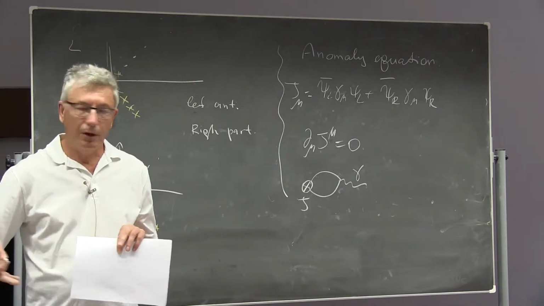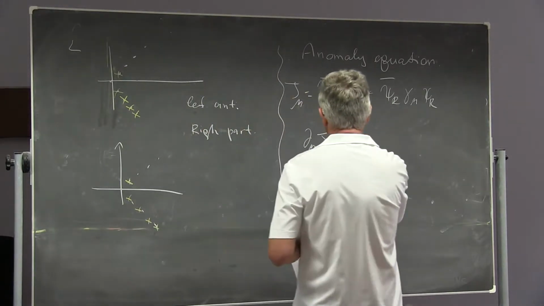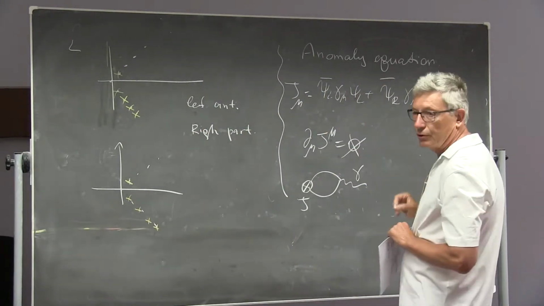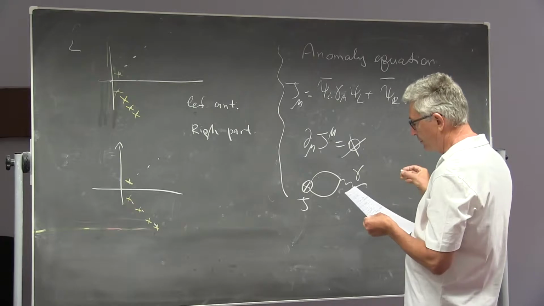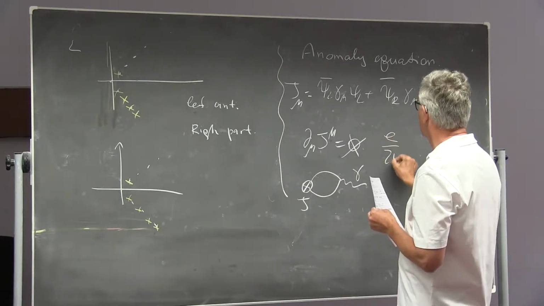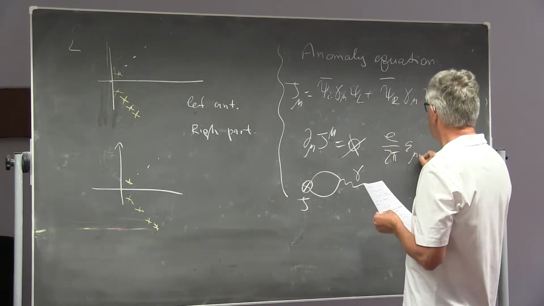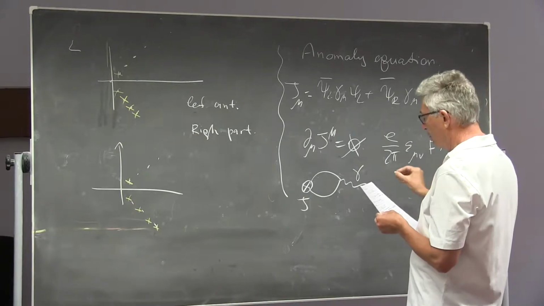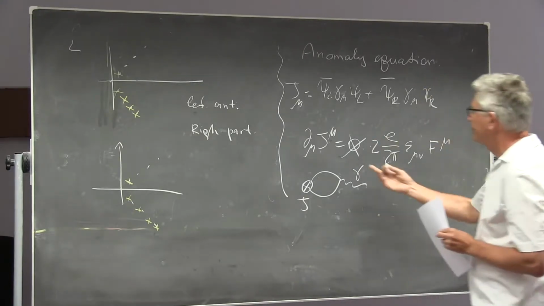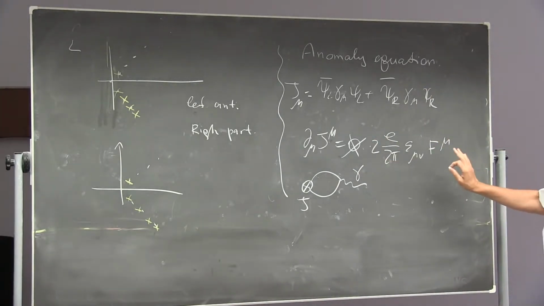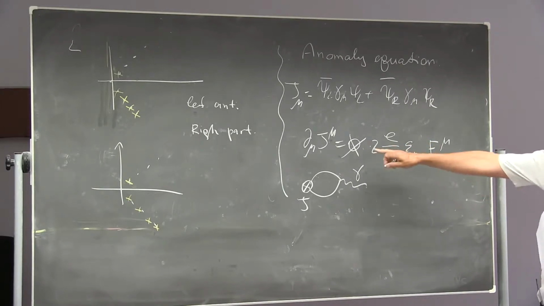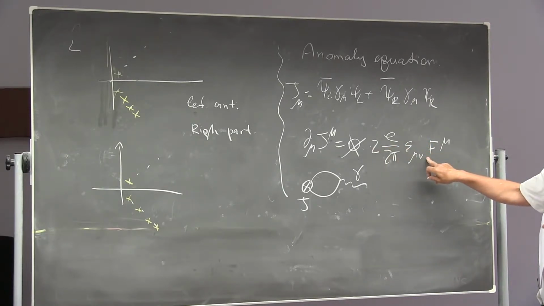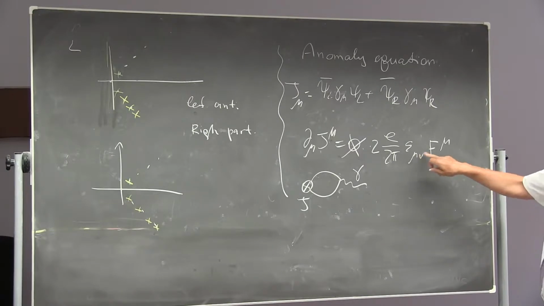And once you account for that and compute the divergence of this current, you find that it's actually not equal to 0, but it's equal to e over 2 pi epsilon mu nu F mu nu times 2, and this is the famous anomaly equation. So the derivative of the fermionic current is not equal to 0, but equal to the dual of the field strength.